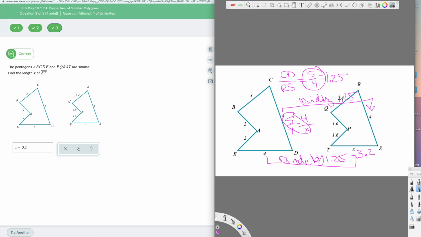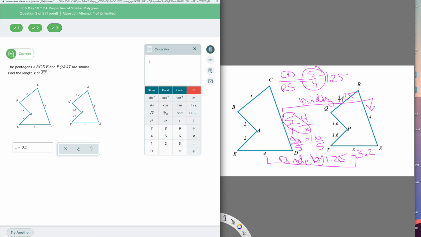I'd have 5X equals 4 times 4, which is 16, and then divide by 5 on both sides because I want X by itself. If I check this, 16 divided by 5 gives me 3.2. So I can also use cross products here. It just depends on the property that you like to use.